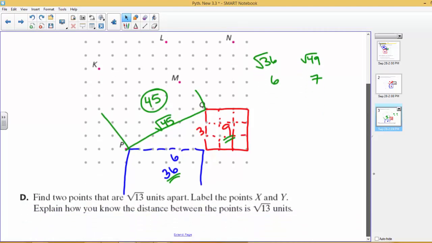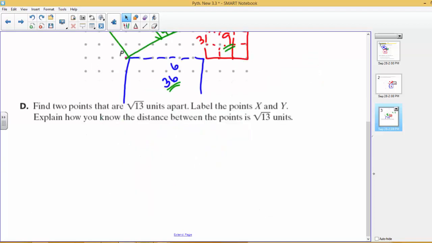All right, the next question says to draw on dot paper, which there is no dot paper. It's okay. 2 points that have the square root of 13 distance. So what we're thinking of, and you have dot paper, and you're just going to follow the dots here, is you're thinking of what two squares add to give you 13.